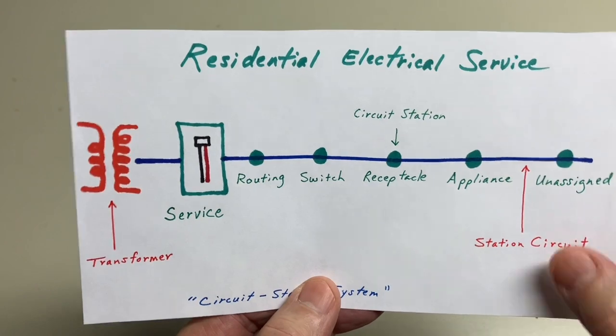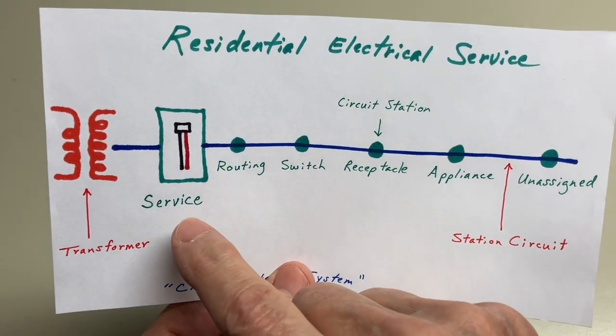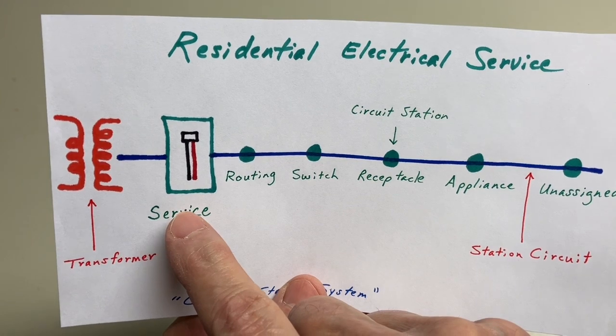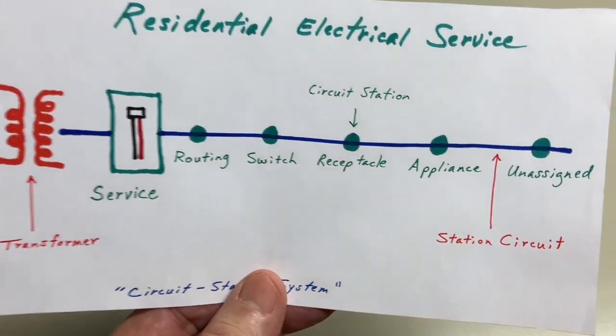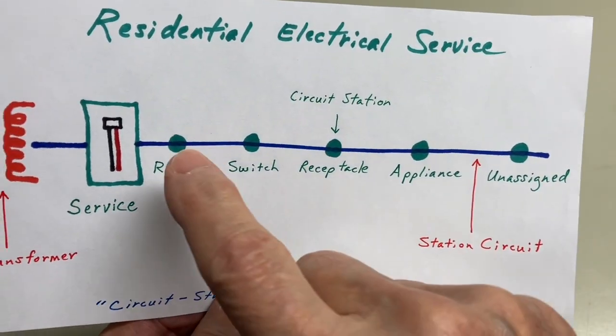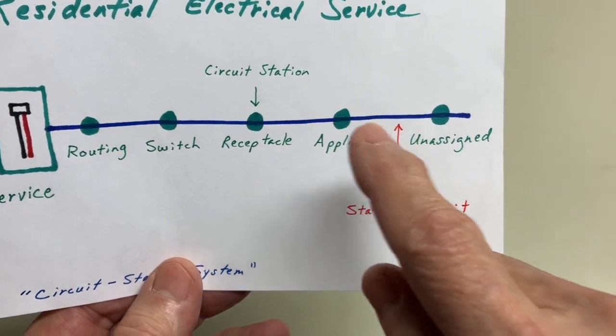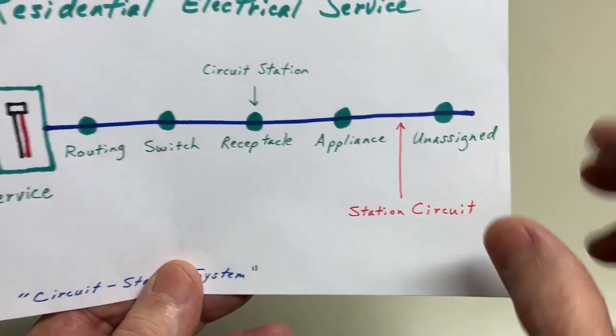So you see, I clearly consider the service station as part of the circuit, part of the system. And here's the little circuit stations, right, that happen on your station circuit, all right?